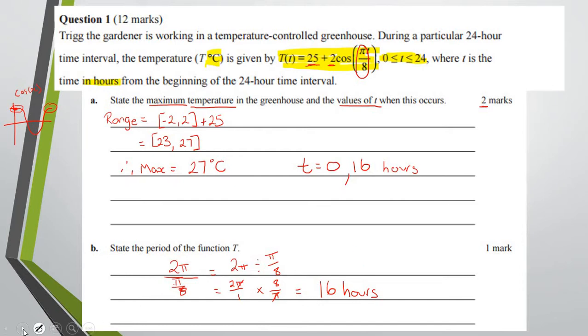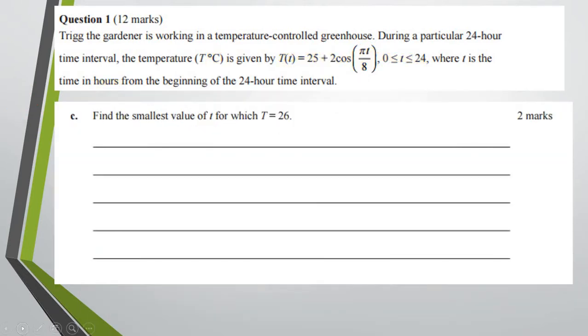Let's see the rest of this question. Now we're wanting to find the smallest value of t for which the temperature is equal to 26. So that means we would be needing to solve our equation here equals 26.